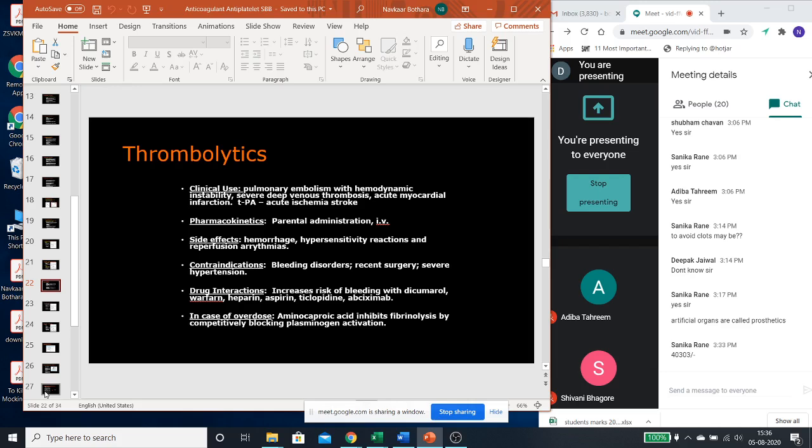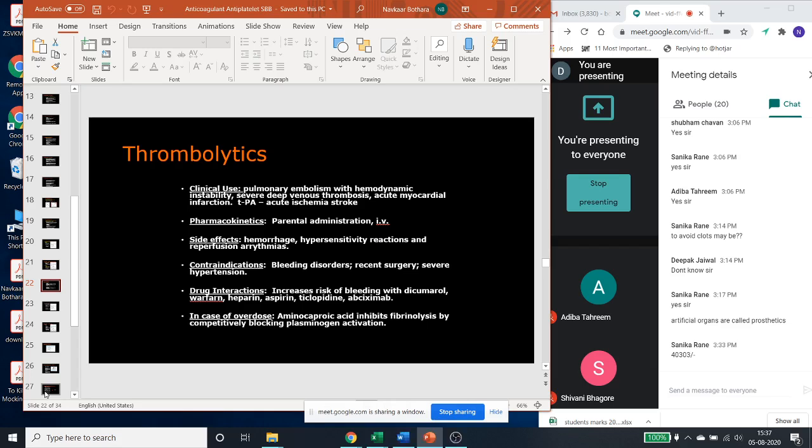They are used in pulmonary embolism with hemodynamic instability, severe deep venous thrombosis, where the thrombosis has caused a very big occlusion, and acute myocardial infarction, if a person is not going for, as I told you, angioplasty or immediate CABG. Then the immediate injection of this is called reperfusion.